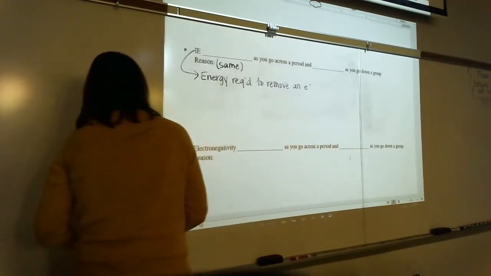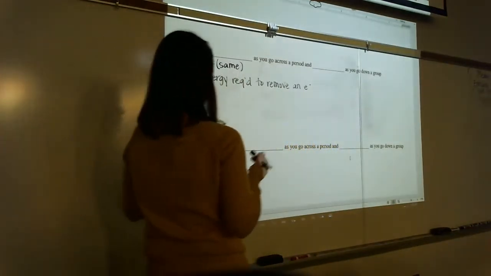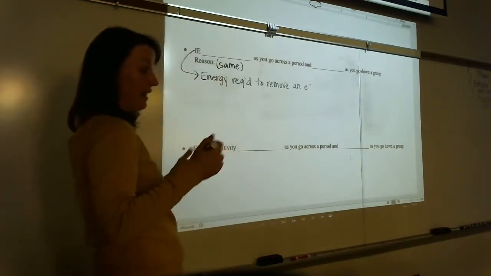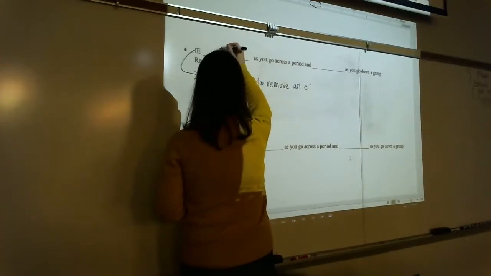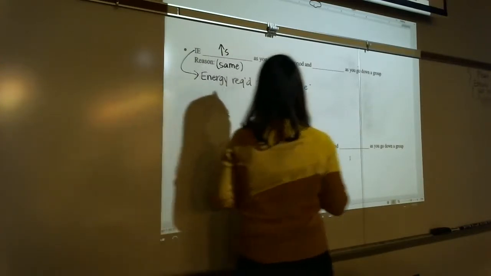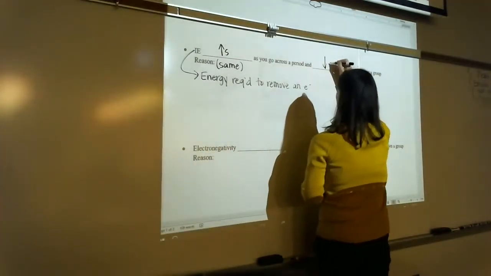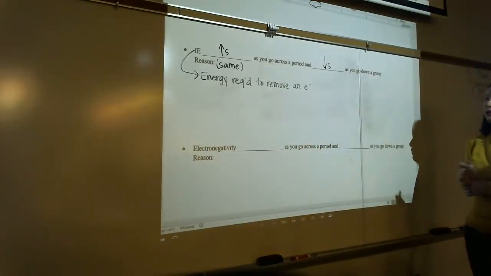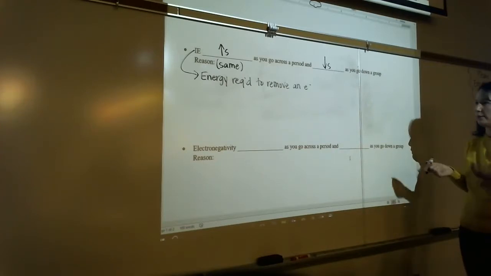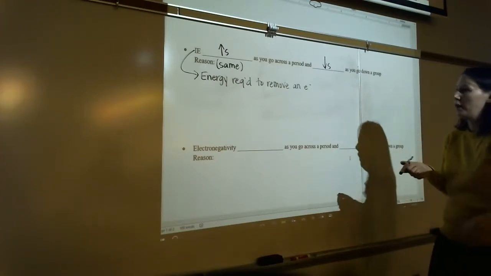Okay, and we're talking about here the energy required to remove an electron to make an ion, essentially. Ionization energy is going to increase across a period and decreases down a group. So the reasoning is the same. It's effective nuclear charge is the reason.